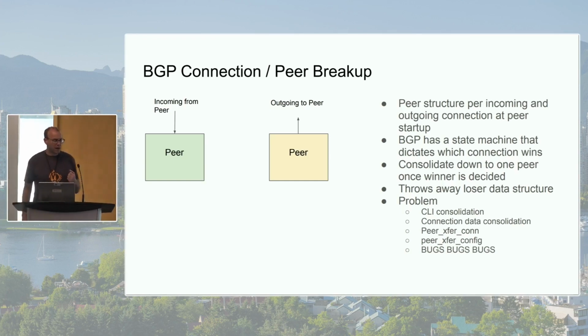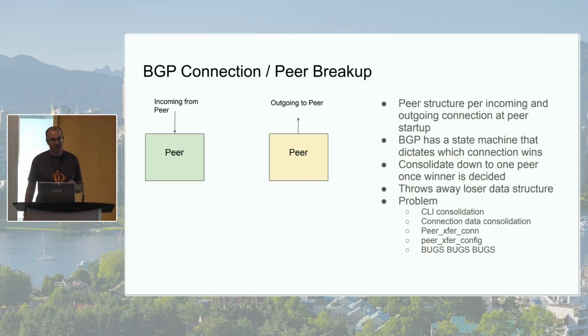And what happens in BGP currently is that there's a state machine that goes, oh, one of these connections has come up enough, we're going to go with this connection. And what BGP currently does is it consolidates down to one peer and throws away the loser data structure after consolidating.